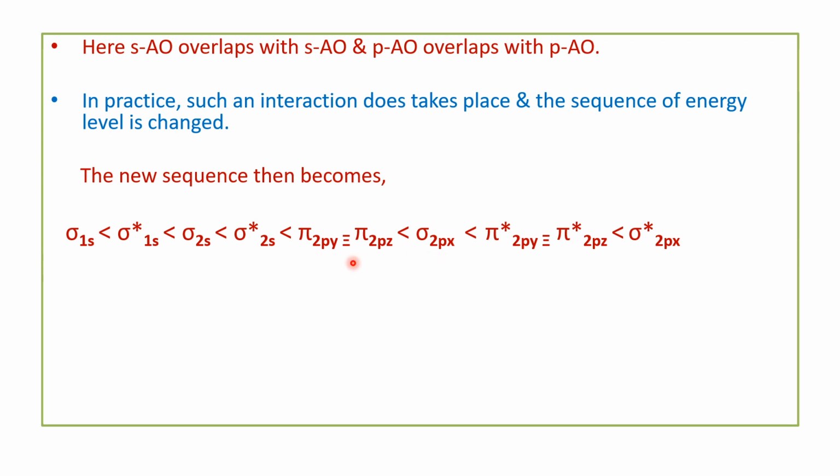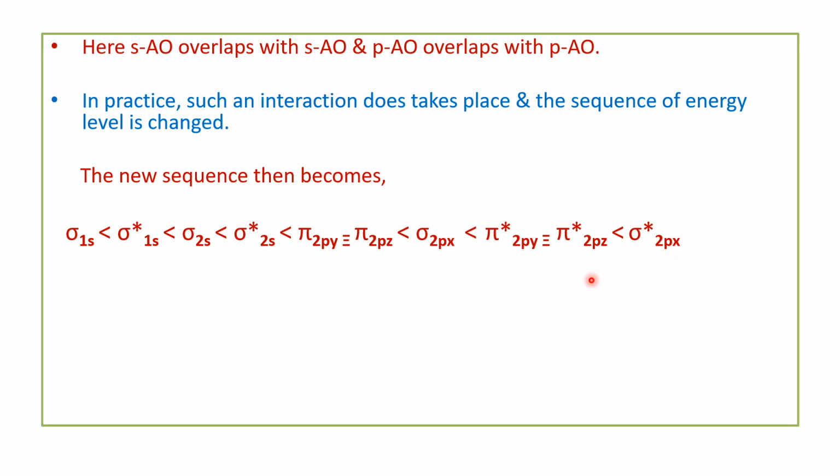That means instead of sigma 2px, we are having the pi 2py, which is equivalent to the pi 2pz, because they are degenerate. And then we are having this sigma 2px. Then, less than that, the antibonding pi asterisk 2py, which is equivalent to the pi asterisk 2pz. They are degenerate, and finally we are having the antibonding sigma asterisk 2px.